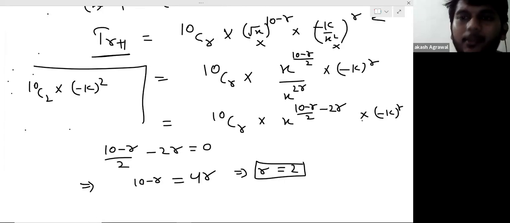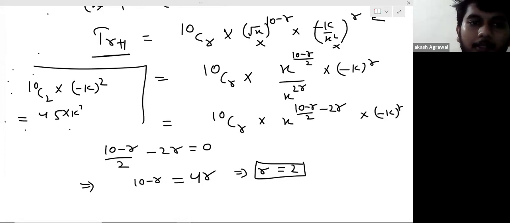We do not even need to write x. But if you write it, you will see they cancel out. So this is 10C2, that means 45 into k square.